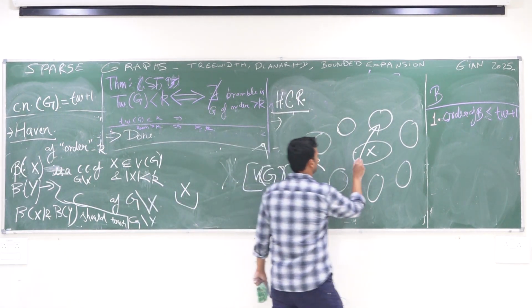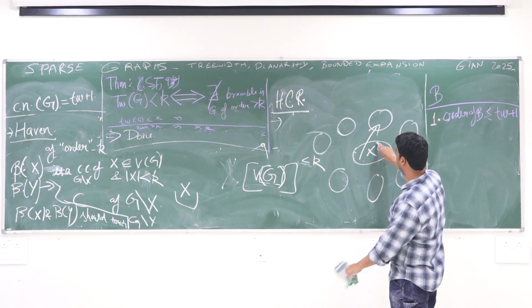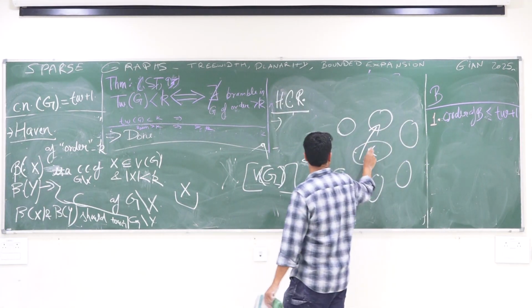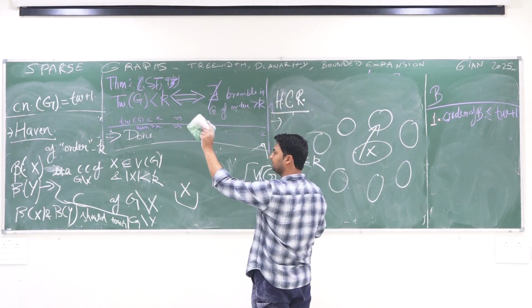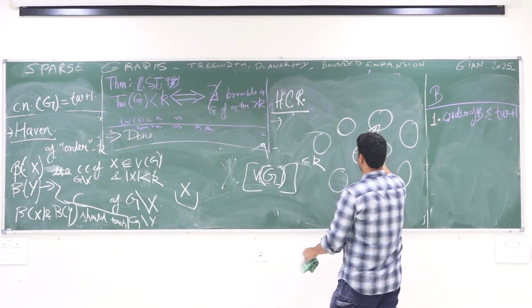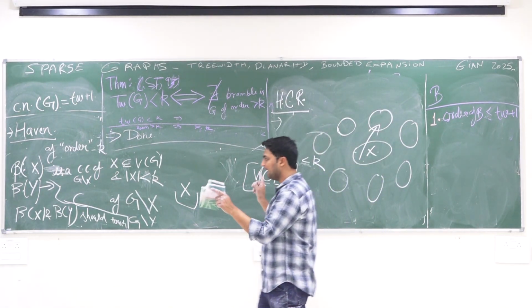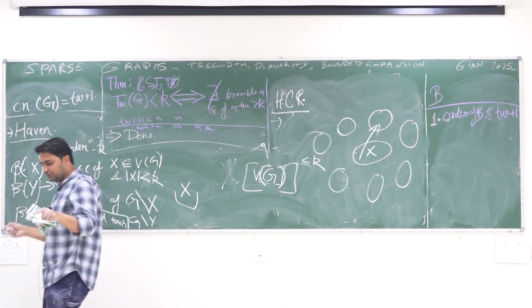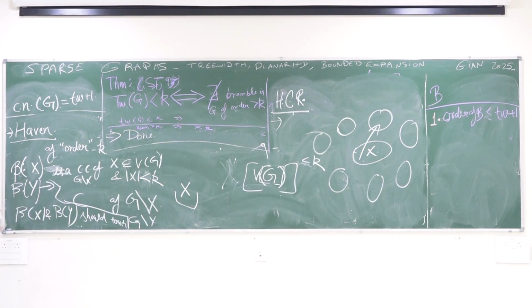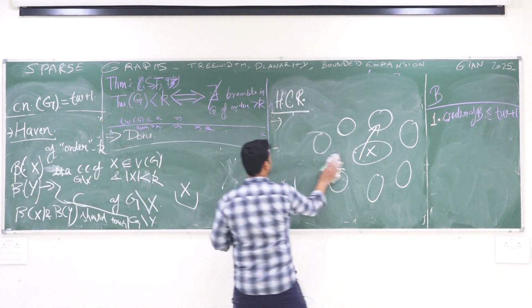Our mapping does it for every x of size at most k, and for every two distinct x and y, they should touch: either they overlap or they have an edge, in the same manner as before.